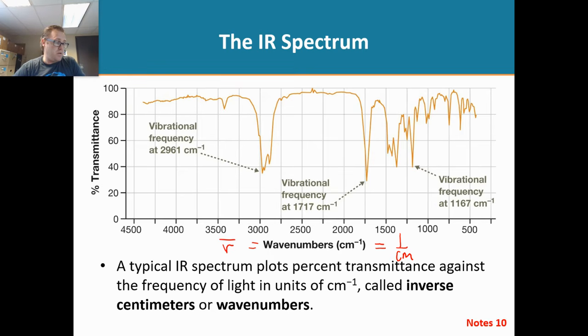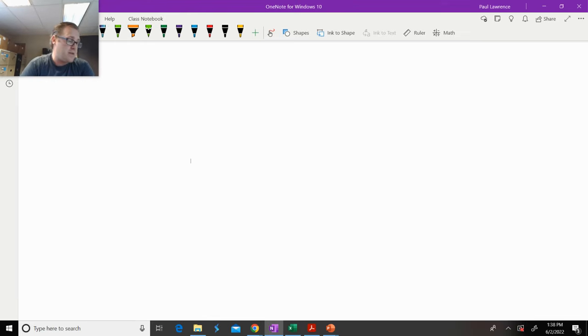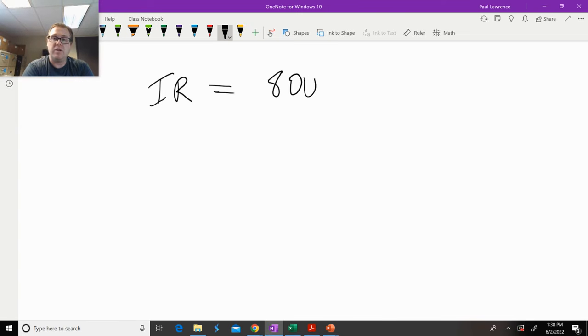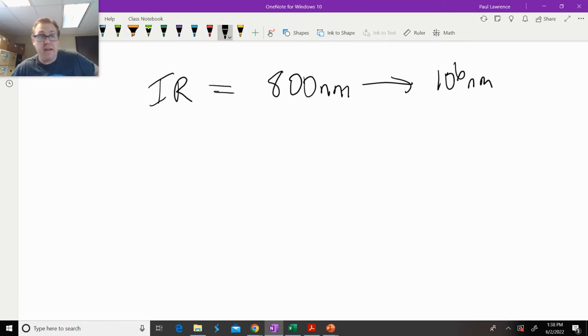Now I want to go to the whiteboard and write this out. Infrared radiation here is in the range of 800 nanometers to 10 to the 6 nanometers. Now what I want to do is take a look at that range in wave number form.